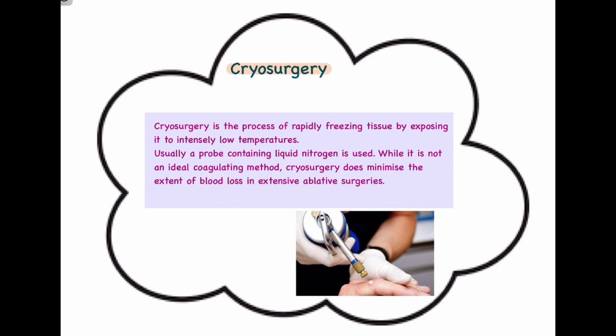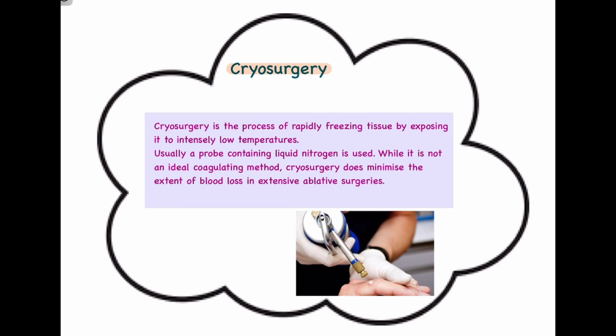Next up we have cryosurgery. It is a process wherein we rapidly freeze the tissues by exposing them to intensely low temperatures. This method usually uses a probe, which contains liquid nitrogen.